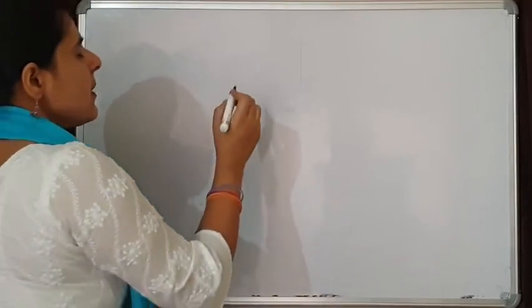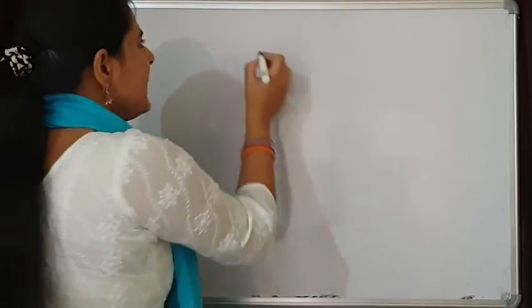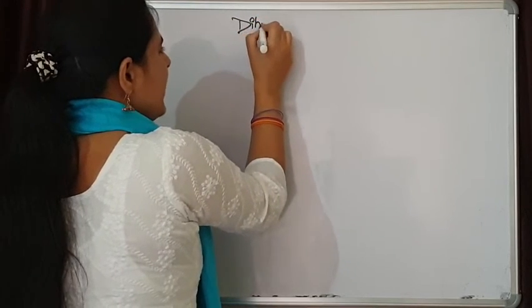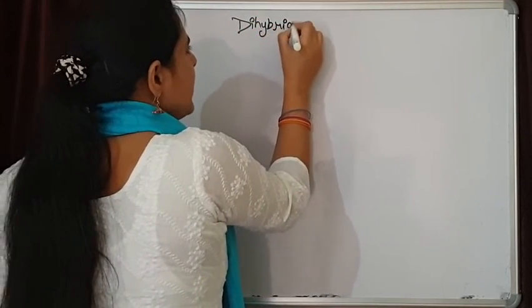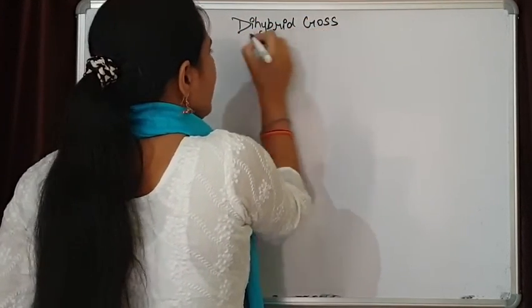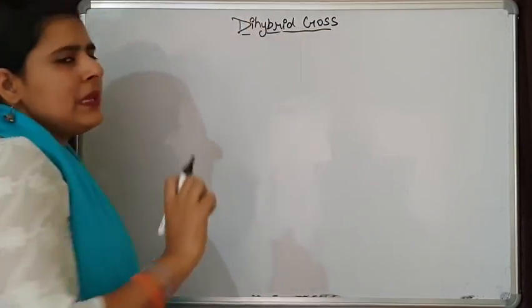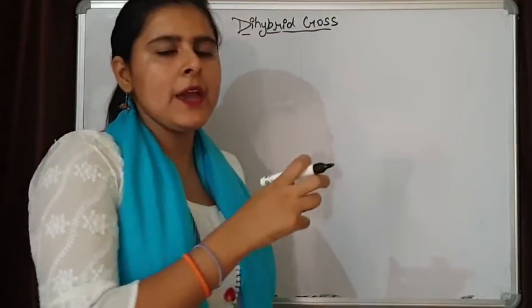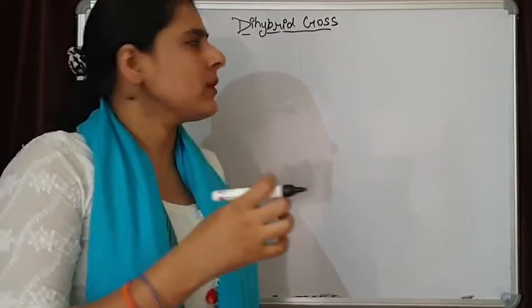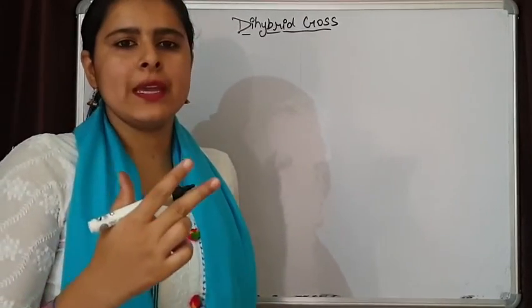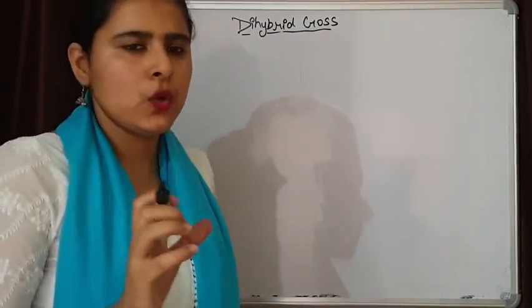Now let's discuss Mendel's second experiment, and the second experiment of Mendel was the dihybrid cross. Di simply means two. In a dihybrid cross, Mendel considered two characters in one single cross.